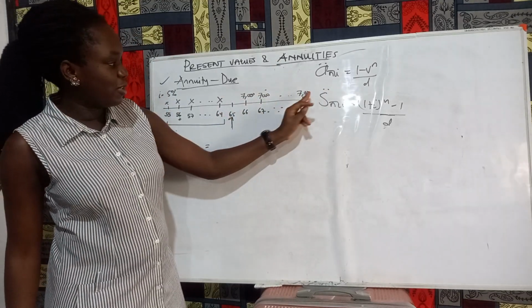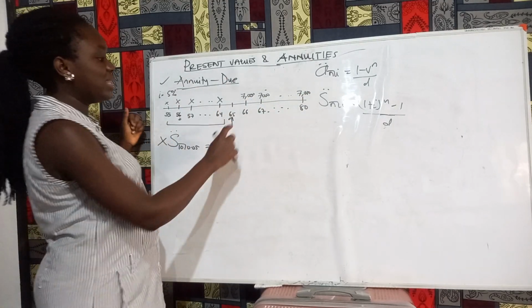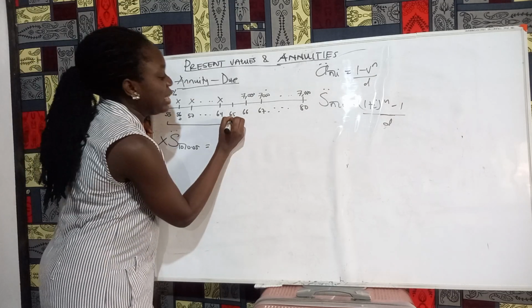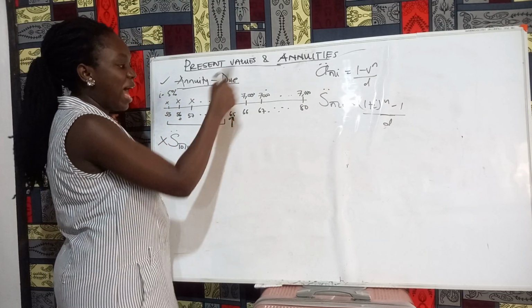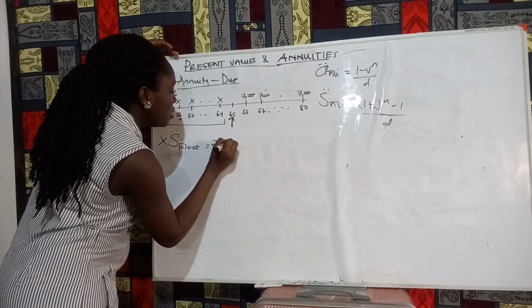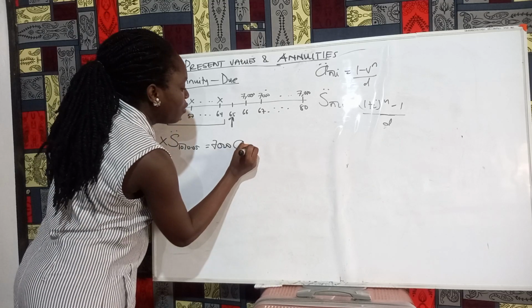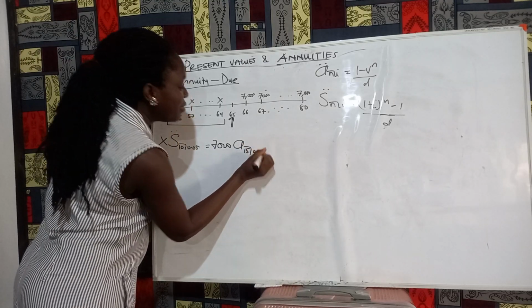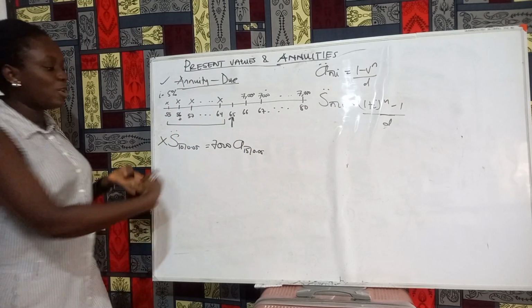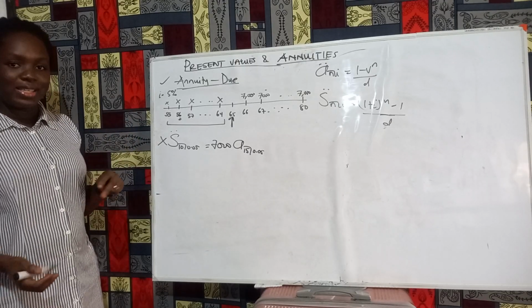Once you consider this series of payments at time 65, you're looking at an annuity immediate, because payment is being made at the end of every period. So this is equal to 7,000 times a angle 15 at 0.05. Once you open up this equation, you can solve for X.